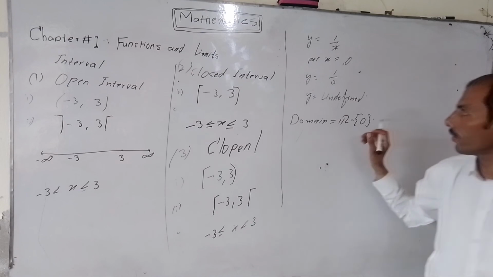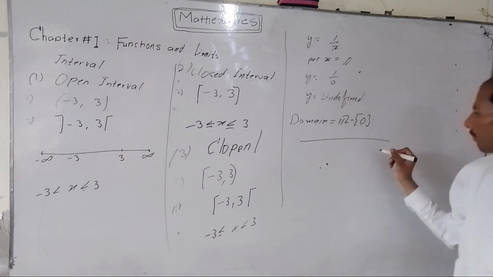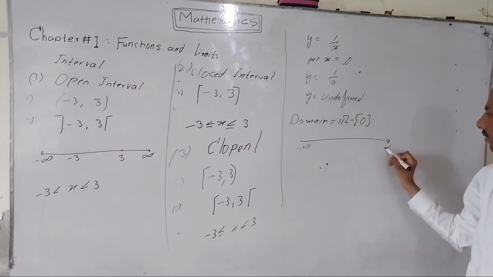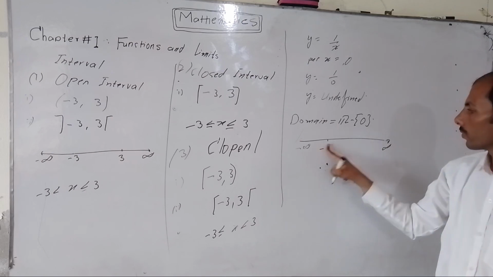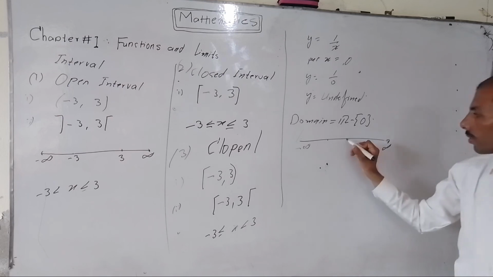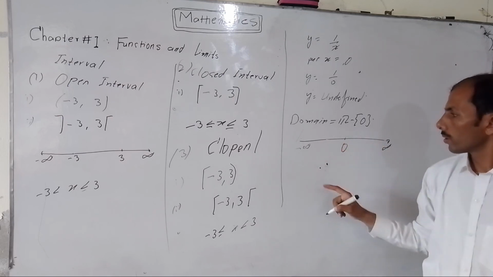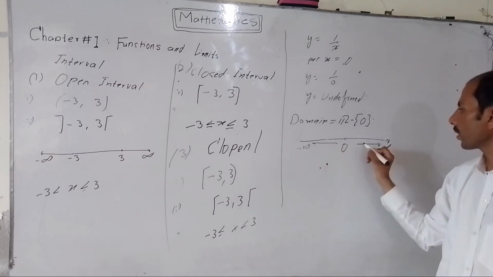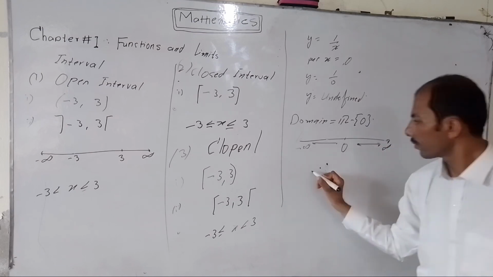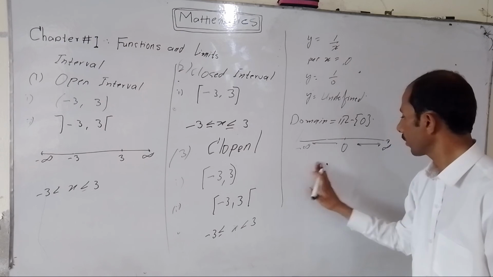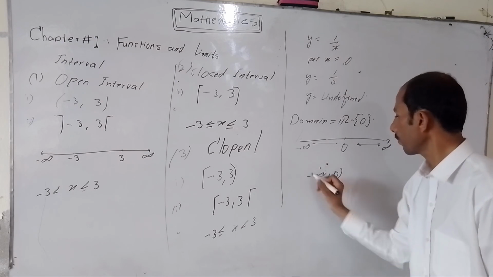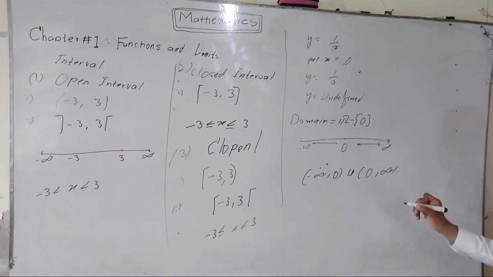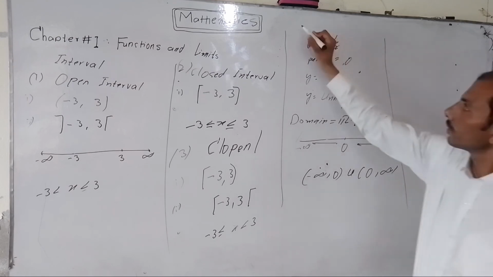Graphical representation of the domain: minus infinity to plus infinity minus point 0, minus infinity to 0 is the first interval, the second interval is 0 to infinity, so minus infinity to 0 union 0 to infinity.